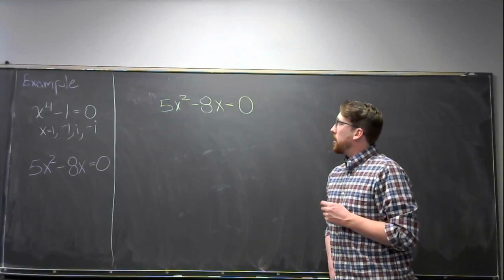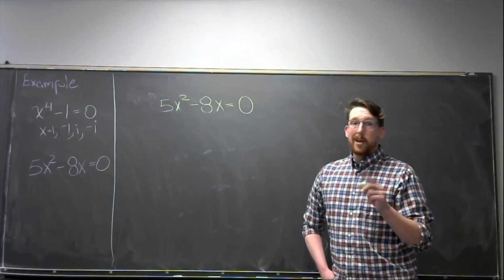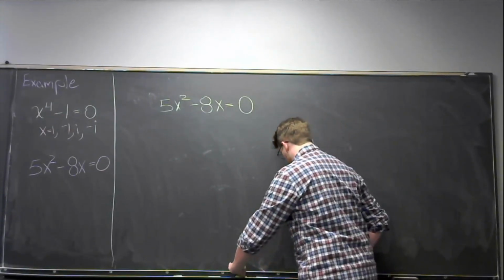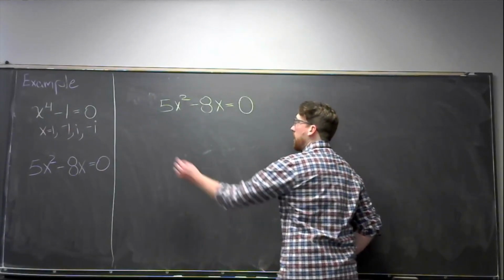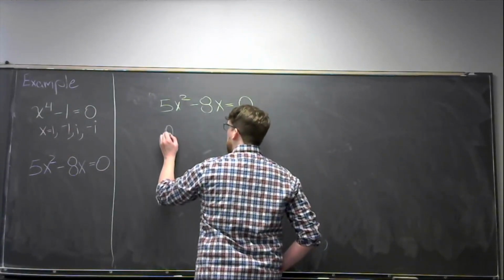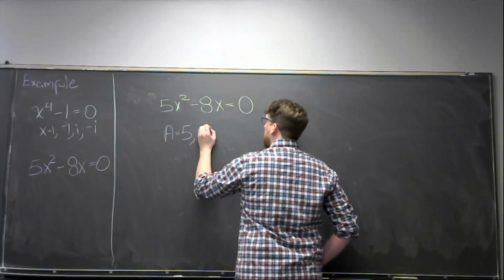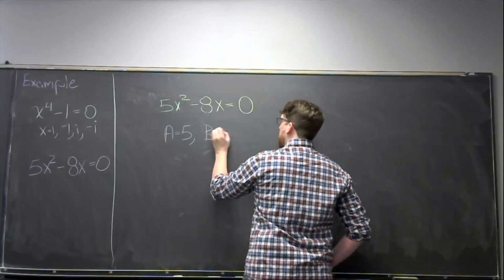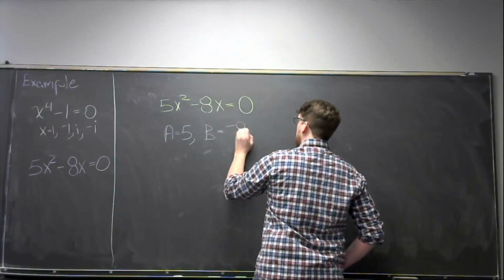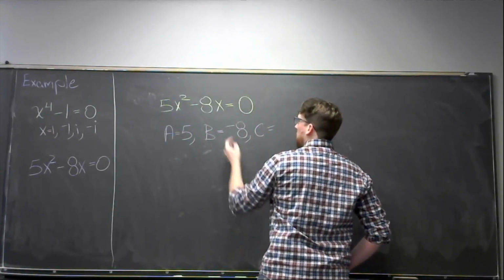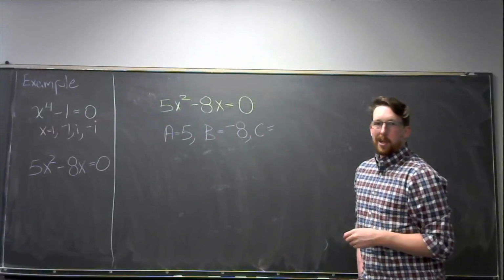So we need to know what a, b, and c are for this polynomial. a is equal to 5, b is equal to -8, and c, well, there is no constant, so it's just 0.